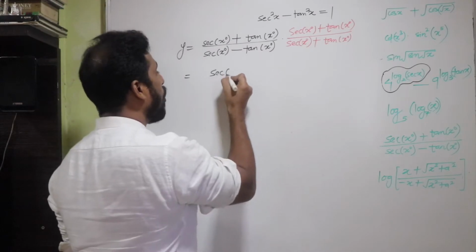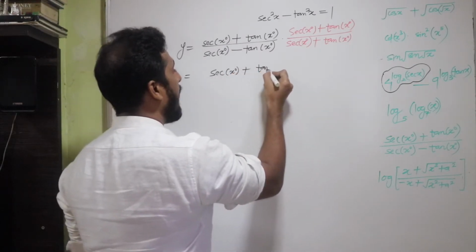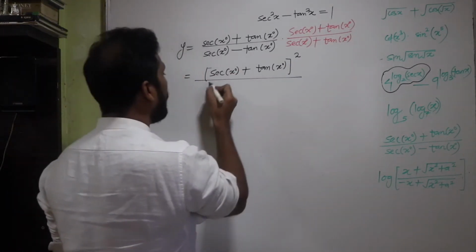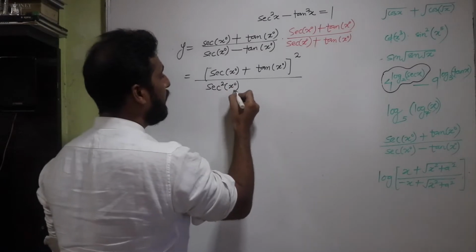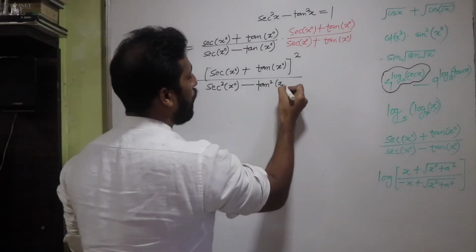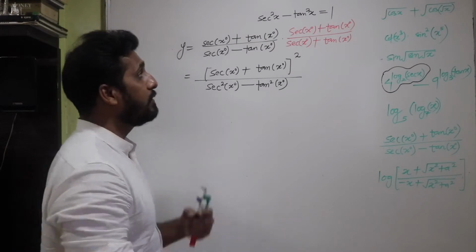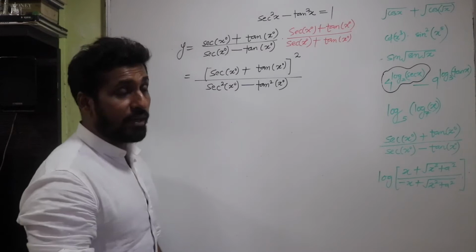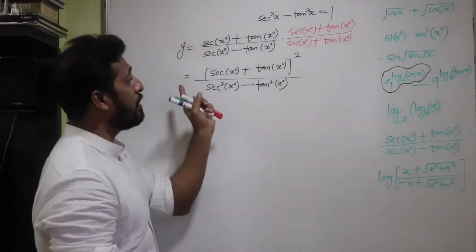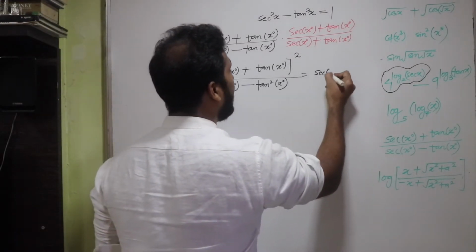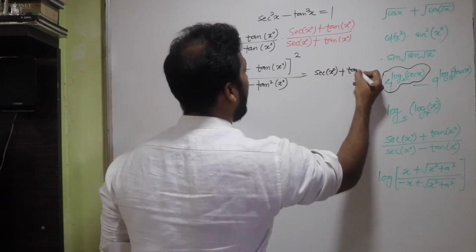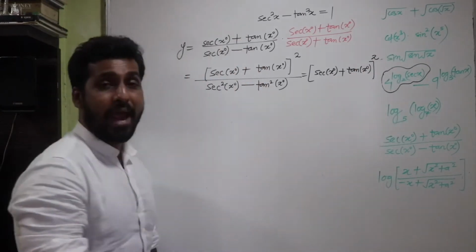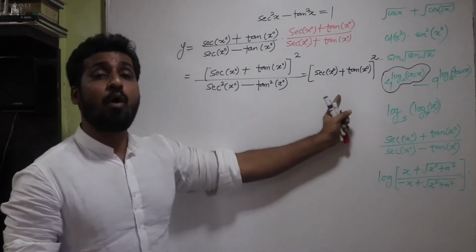So I write sec of x degree plus tan of x degree the whole square, and the denominator becomes sec square x degree minus tan square x degree. Just now we have seen that the formula for sec square x minus tan square x is 1. So the denominator straight away becomes 1. The final thing left is only sec x degree plus tan x degree, and the bracket has a square.